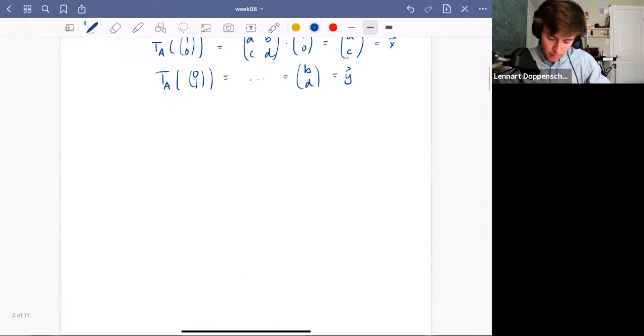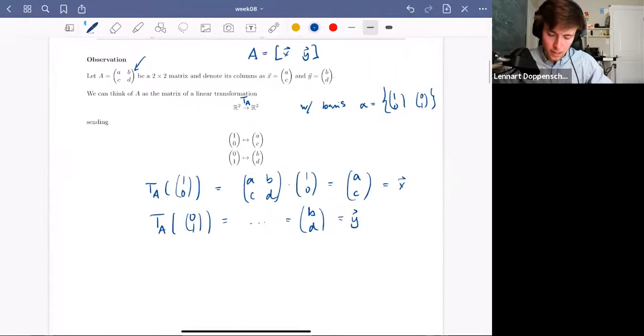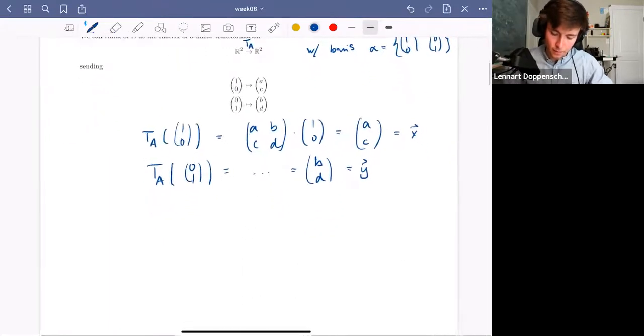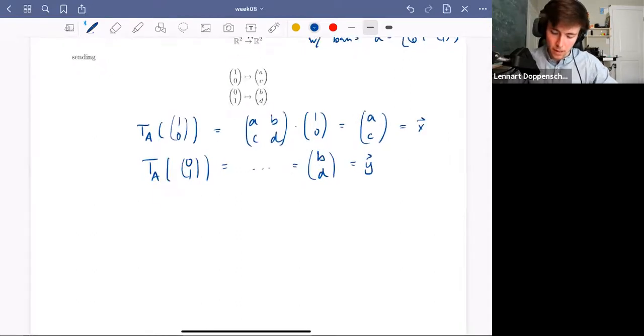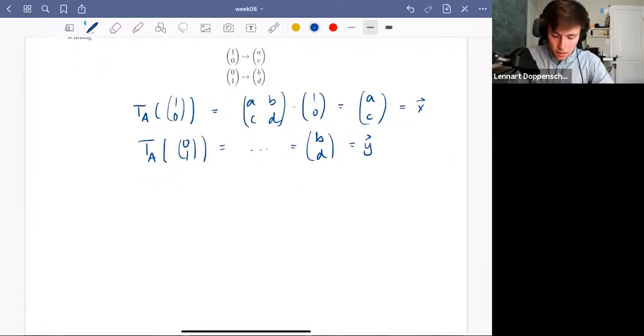Okay, and now the observation that I want to make here is that there's a few things that just string together nicely. There are many loose ends, and with this observation, we can attach them. So when is the transformation T sub A invertible? That's the same as being an isomorphism.